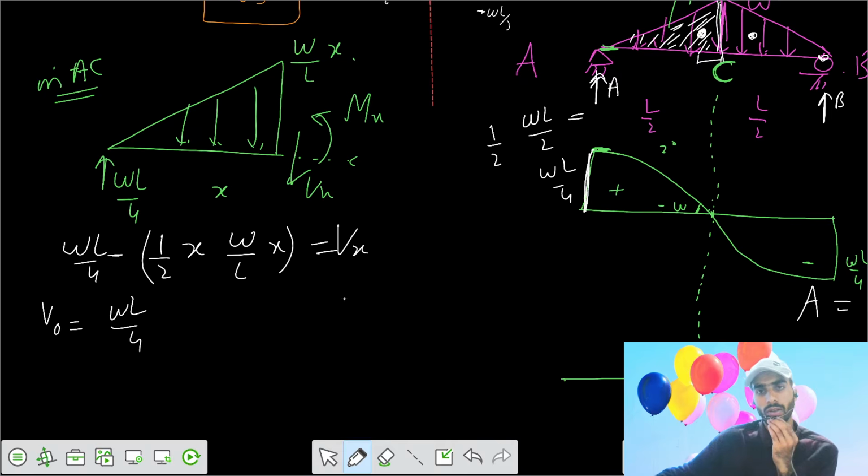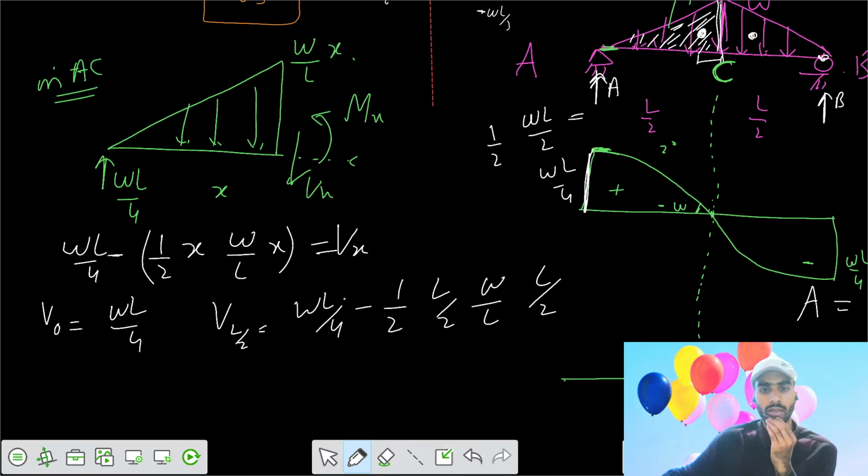And the shear force at X equals to L by 2, at the mid, we say WL by 4 minus 1 by 2 L by 2 W L by 2, that's WL by 8.